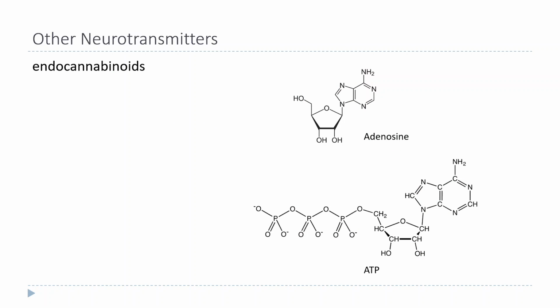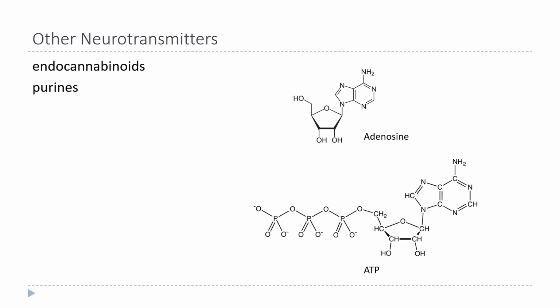So endocannabinoids are one type of non-classical neurotransmitter. Another class are the purines. If you know anything about biochemistry, you know that the purines are a type of nucleic acid. There are actually two sets of purines.